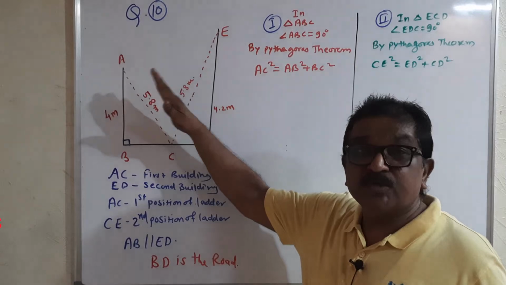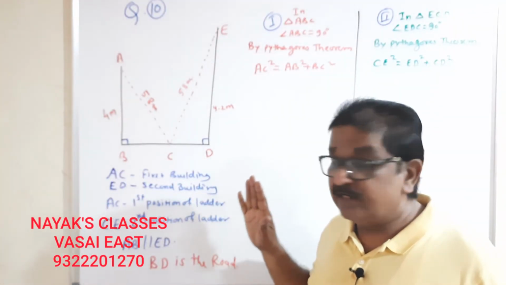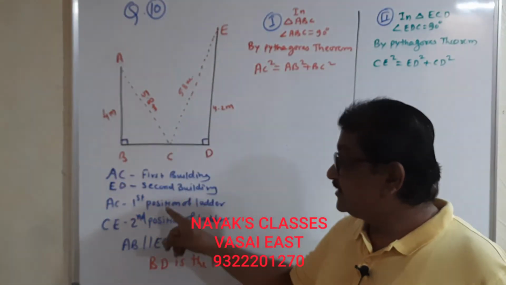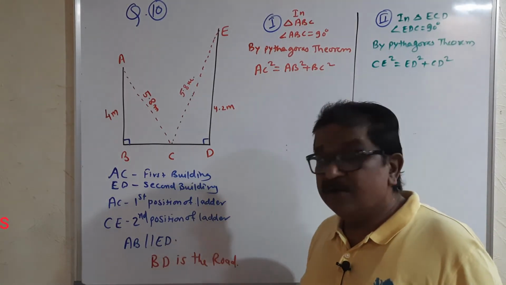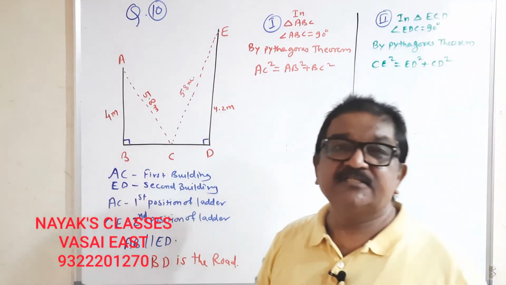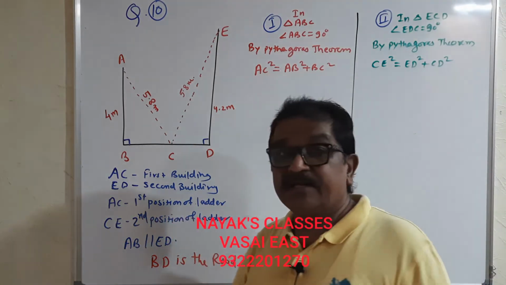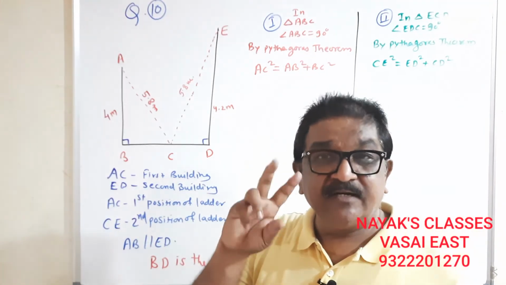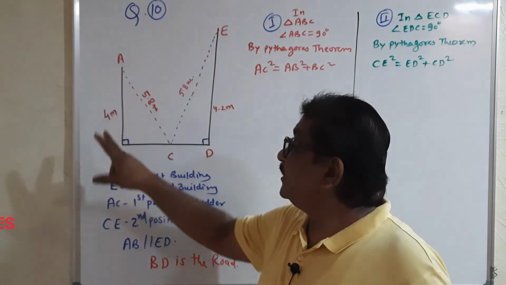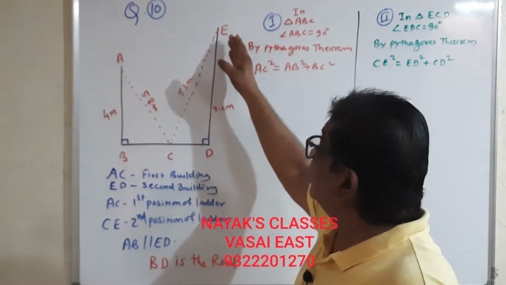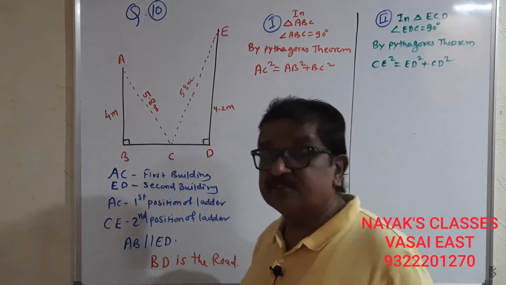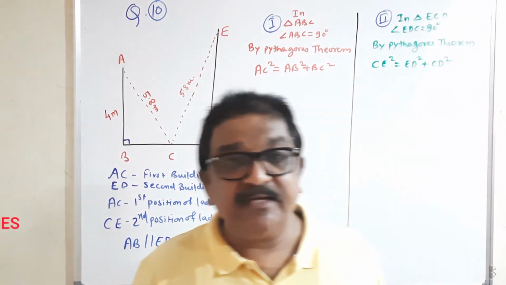AC is the first position of the ladder and EC is the second position of the ladder, and AB is parallel to ED. In such a situation, there are two right angle triangles, ABC and second is ECD. Clear?